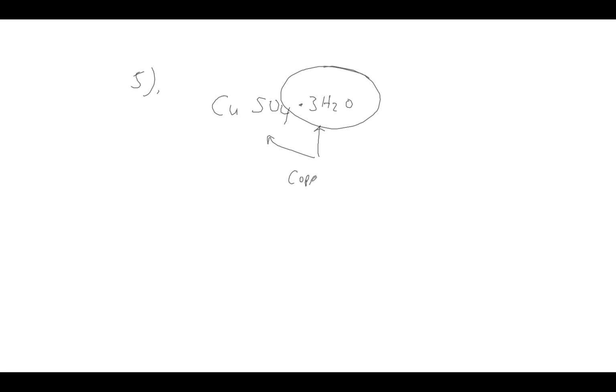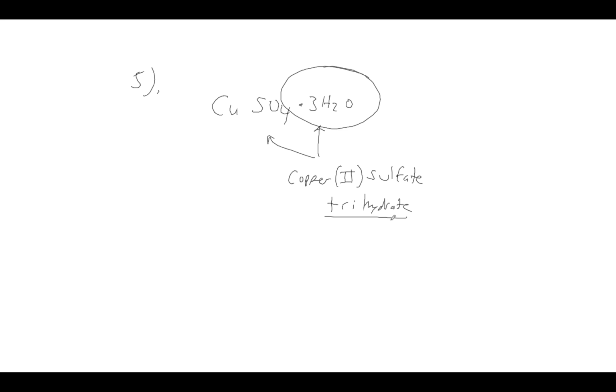All right. Number 5, I wrote that to be actually pretty easy. The only one down there that is a hydrate is the copper sulfate trihydrate, dot 3H2O. What this means is that you have these 3 H2O molecules that are actually trapped within the structure of the copper sulfate. So this whole thing here is copper(II) sulfate trihydrate.